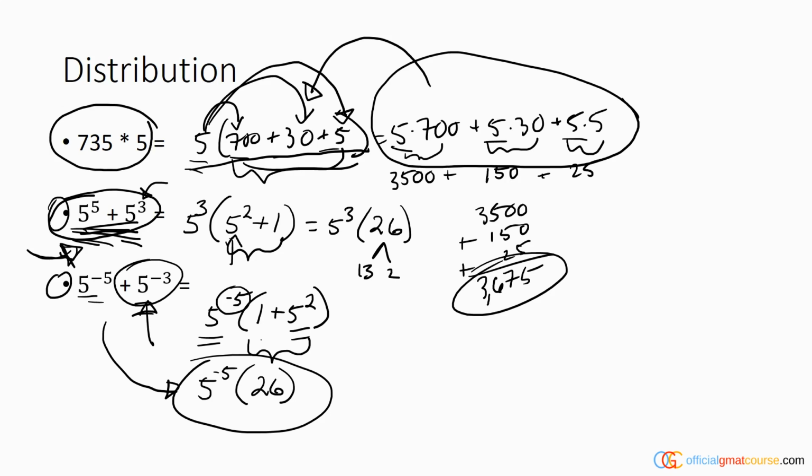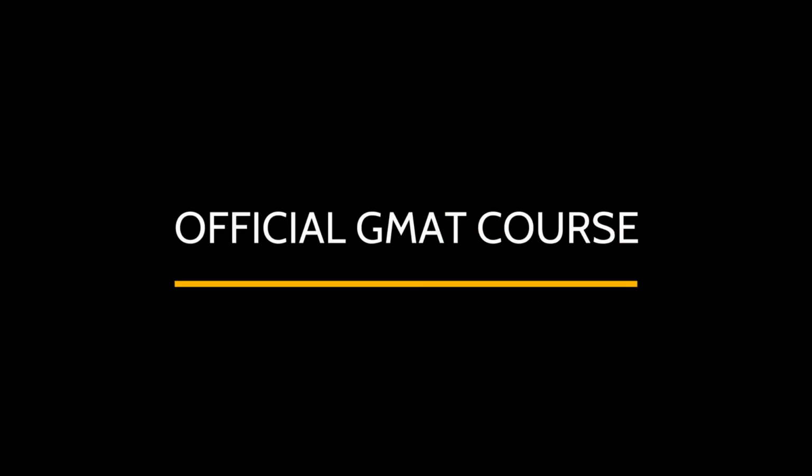But just from my experience, the best way to attack it is to pull out the least exponent if you're using distribution with exponents with common bases. And the tip to use distribution is if you see addition or subtraction in the middle of two numbers that have common factors in play.